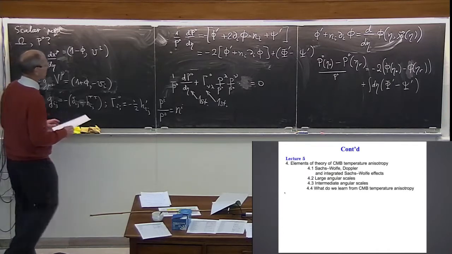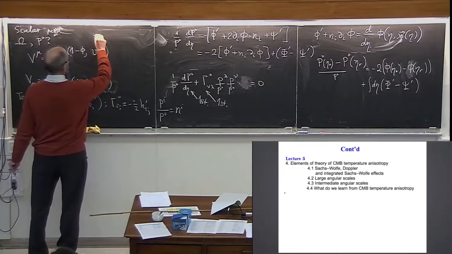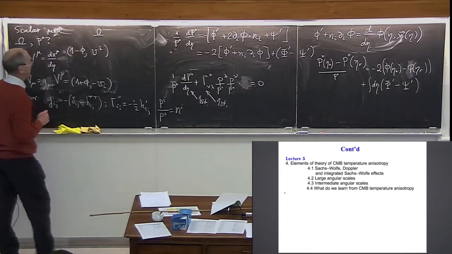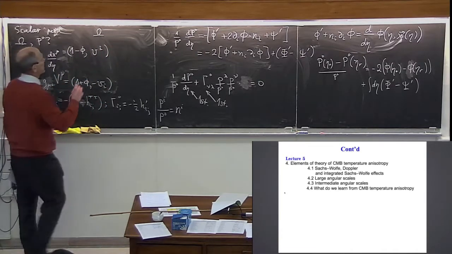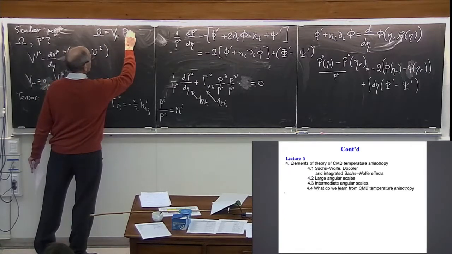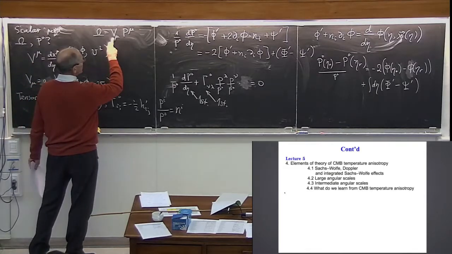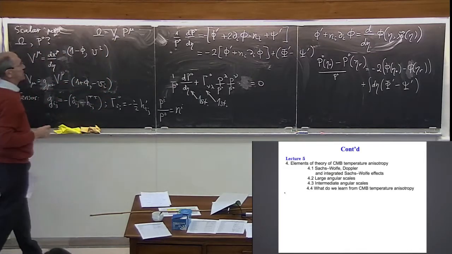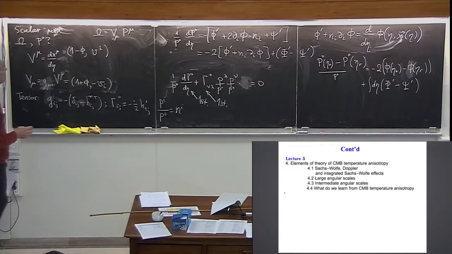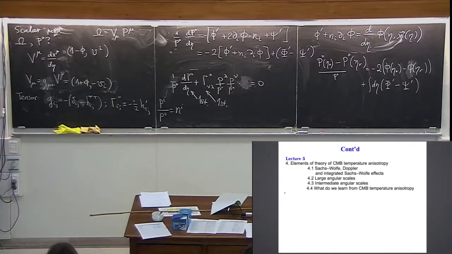Why did I introduce that? Because I can write down the frequency in the locally Lorentz frame as V mu times P mu, right? In the locally Lorentz frame, V mu is (1,0,0,0), and P mu is just the frequency of a photon in this frame, right?